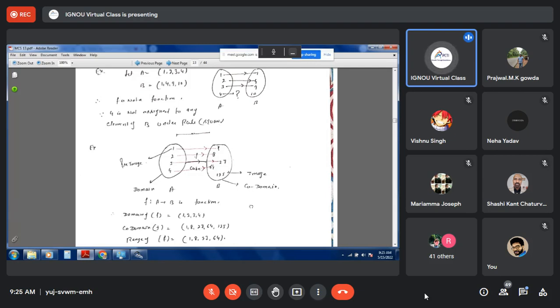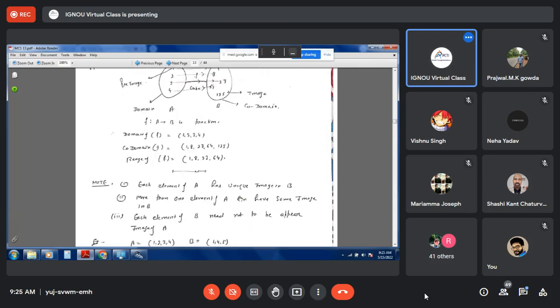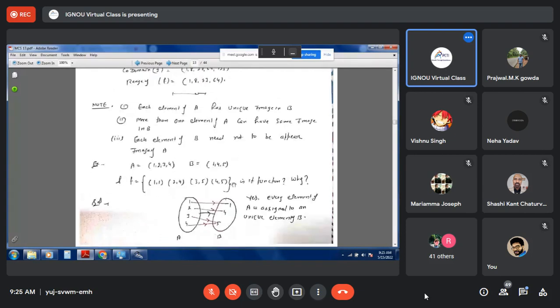Let us see some more examples. Here are some characteristics associated with functions. Each element of A has a unique image in B, that we discussed earlier. These are some properties regarding the function.